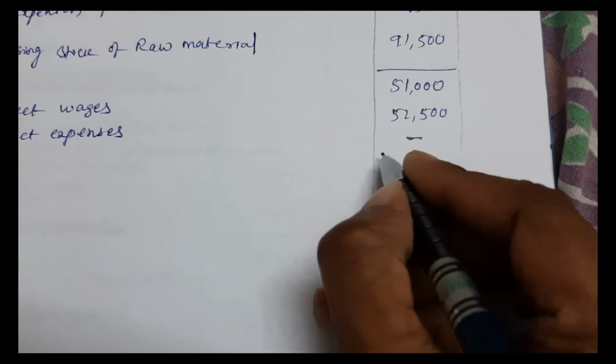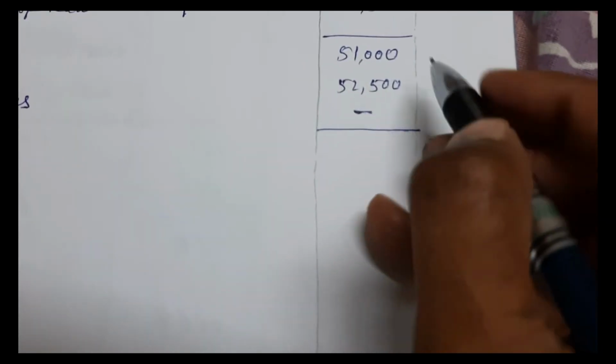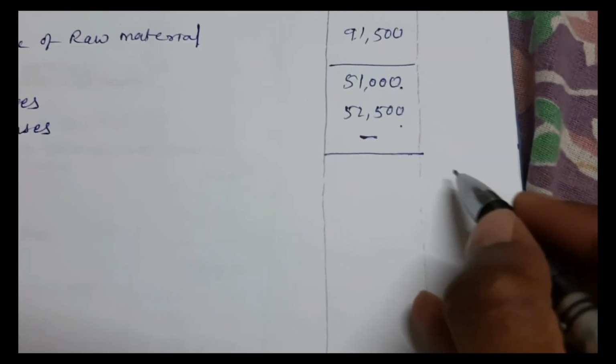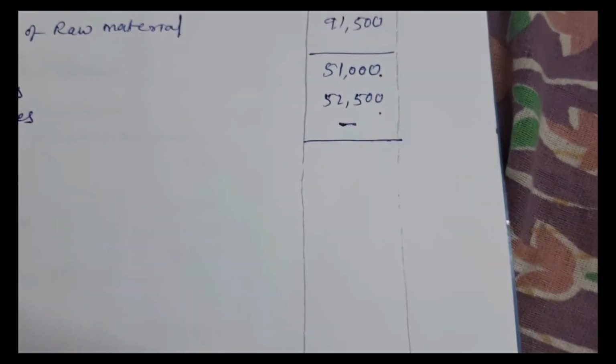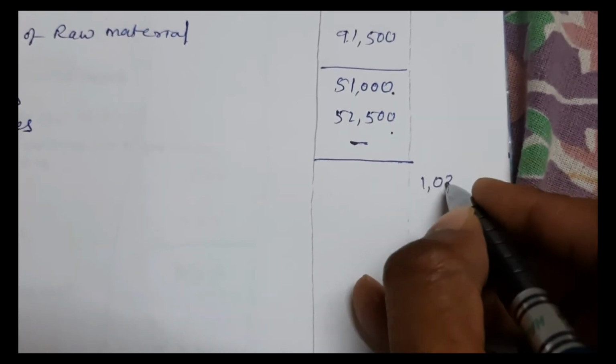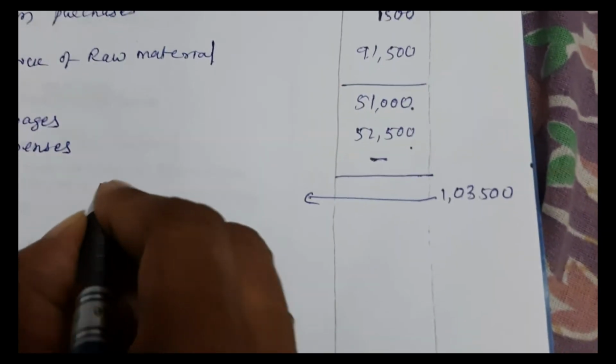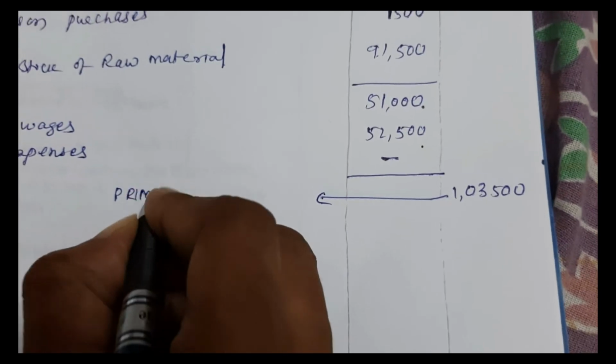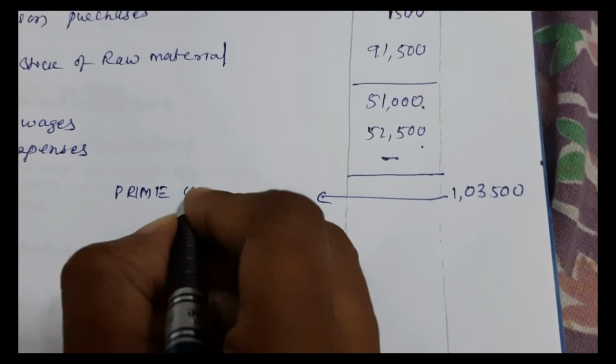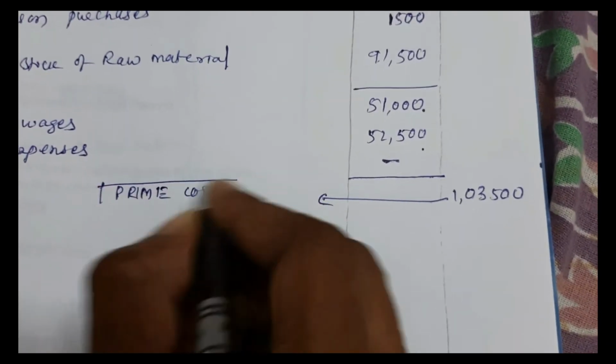No direct expenses are given, then you can put the blank. And the total of direct material consumed and direct wages is going to be 1,03,500, which is known as prime cost.